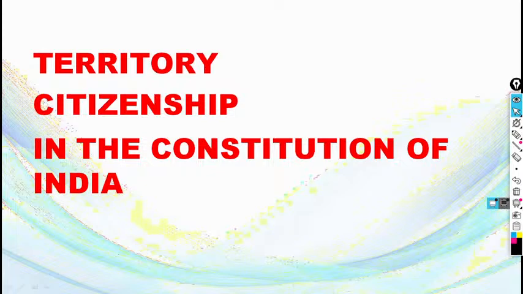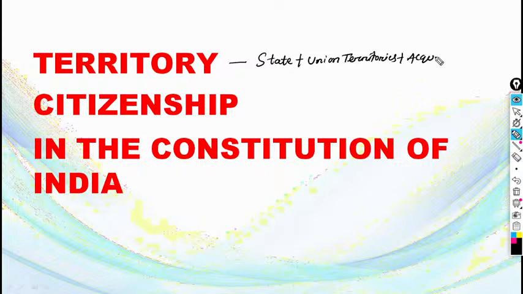The territory of India refers to the states, union territories and acquired territories. If you look at the territories, you will see that it covers state territory plus union territories and acquired territories, which may be acquired by the Government of India.